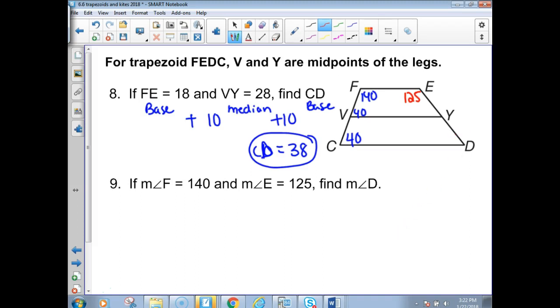Find angle D. Well, how am I going to get angle D? I don't need that 140 or those 40s. They aren't going to help me at all. I need to look over here. These are supplementary. So I need to do 180 minus 125.